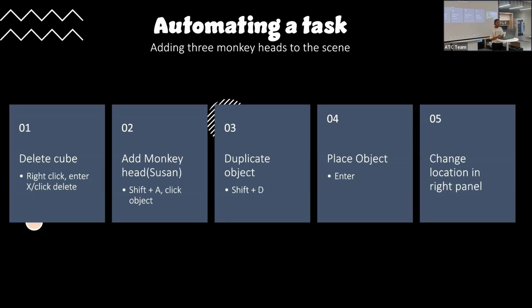We're going to start with the example of adding 3 monkey heads into the Blender scene. One thing about doing it manually, the usual way without scripting, is that you go into Blender, you'll see the cube, you'll delete it, by right clicking and pressing X, or right clicking and choosing the delete option.